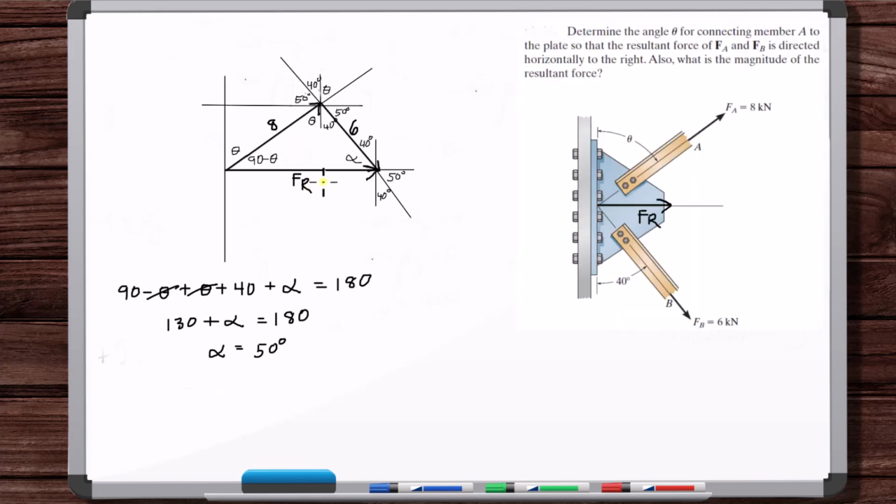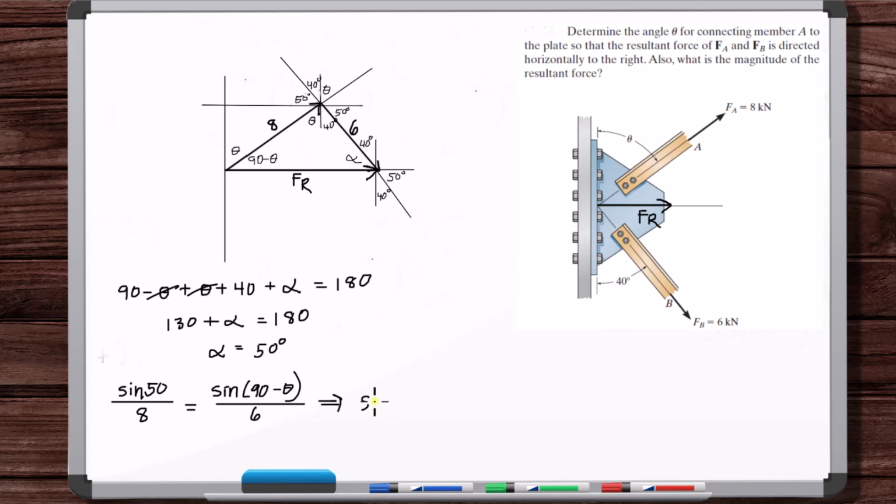Well, we could try the law of sines. So sine of alpha, sine of 50 over 8 is equal to sine of 90 minus theta over 6. There we go.